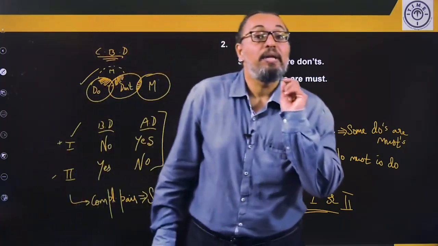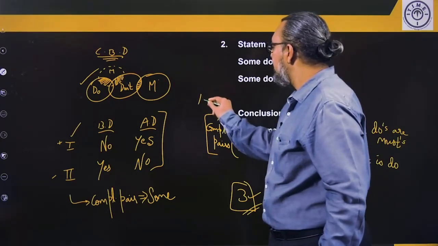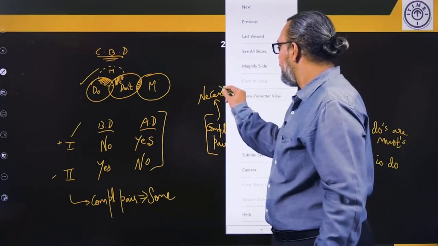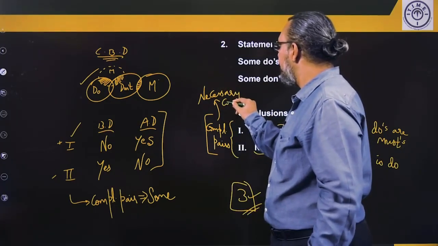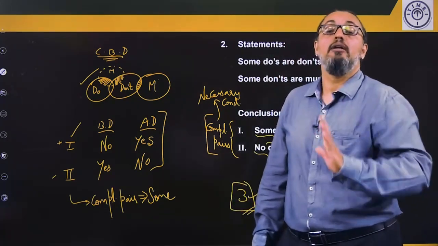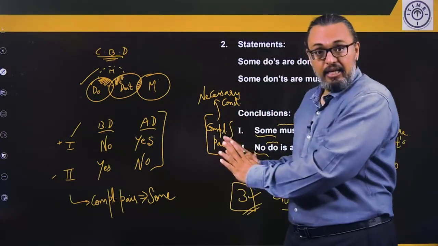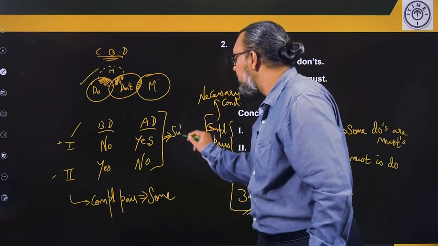So what is the prerequisite for either or? One is this is a necessary condition. What's the necessary condition? We need complementary pairs in our conclusions. That alone is not sufficient. It is necessary, but what is sufficient? This is what we call the sufficient condition.